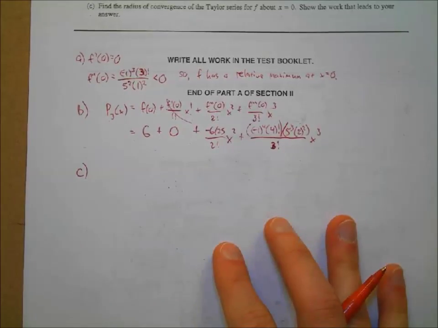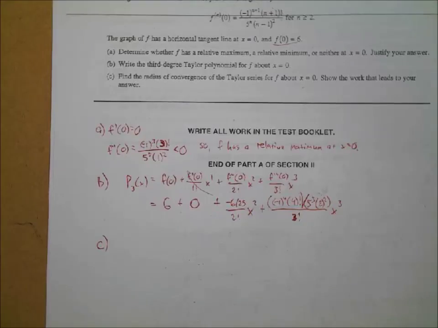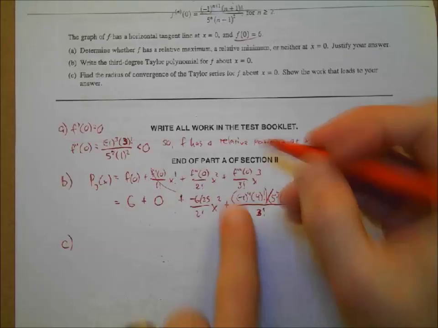Letter C. Find the radius of convergence of the Taylor series for f about x equals 0. Show the work that leads to your answer. So we're going to find the radius of convergence for the Taylor series of f about x equals 0. If you remember, we have our derivatives here.